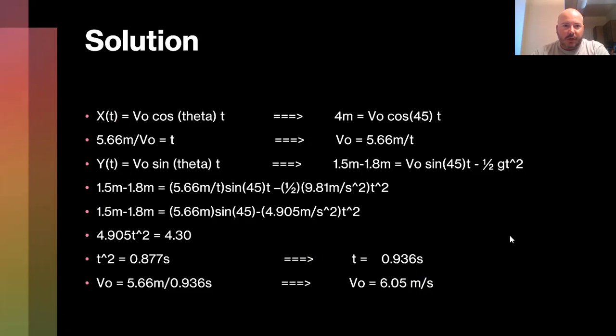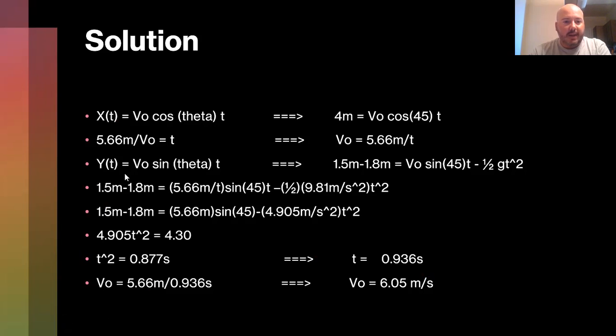We use the same equations for the solution. x equals initial velocity times cosine theta times t, which becomes 4 meters equals an initial velocity of cosine 45 degrees times t, making that 5.66 meters divided by the initial velocity equal to t, or the initial velocity is equal to 5.66 meters divided by t.